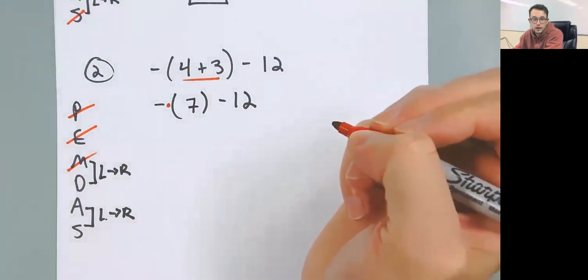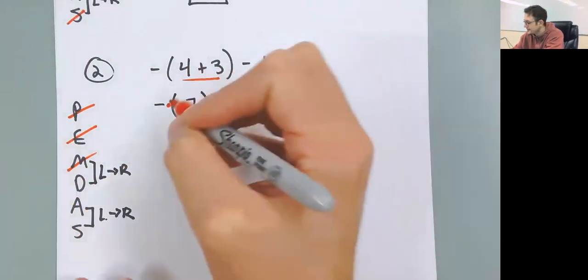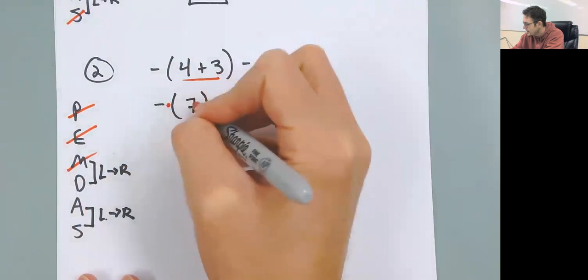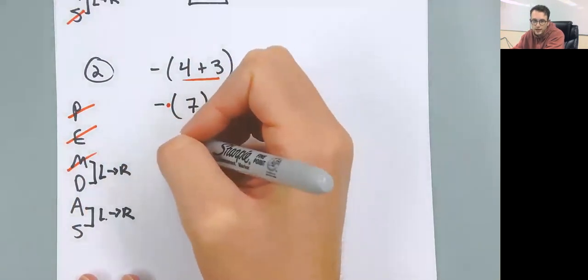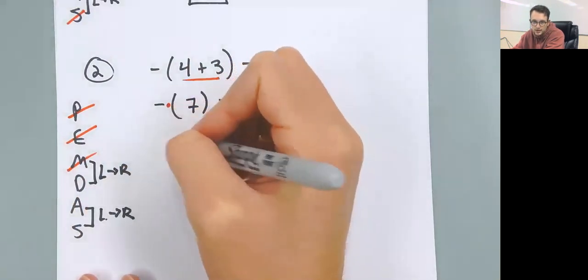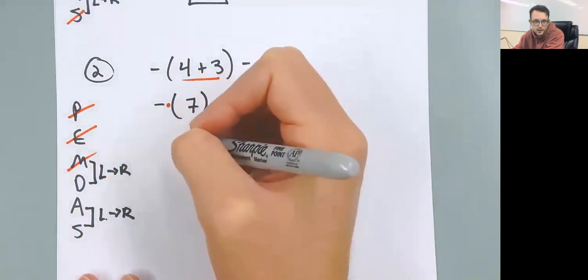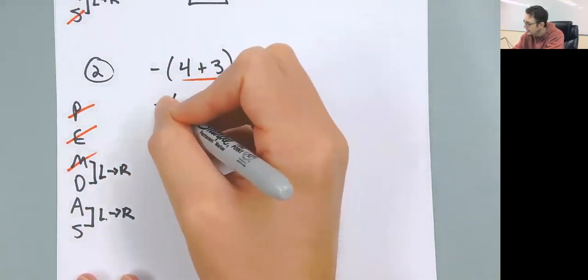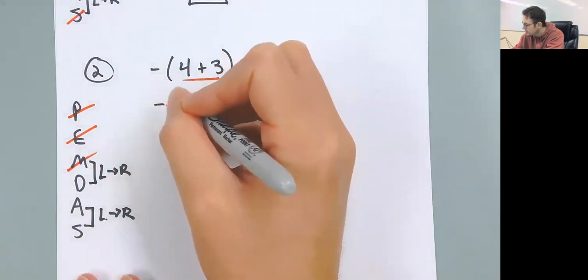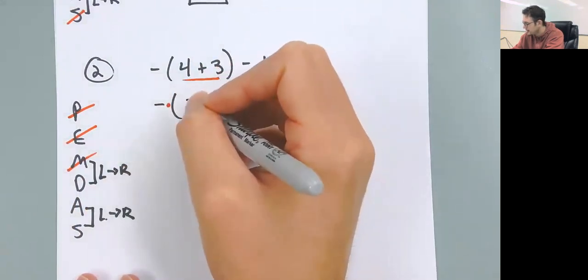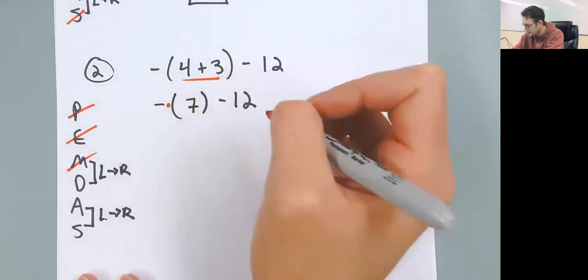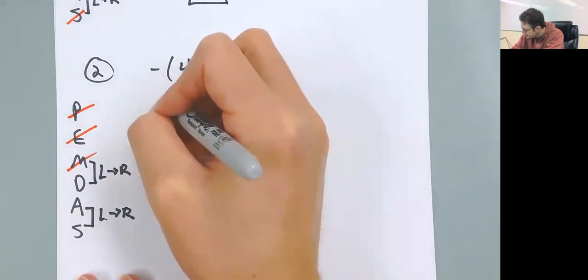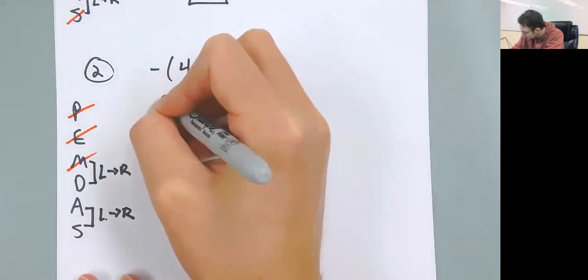This is a negative times 7. Whenever you have something next to parentheses, it's multiplication, even if it's just a negative. It could be a smiley face times 7. If you have anything next to parentheses, it's multiplication.